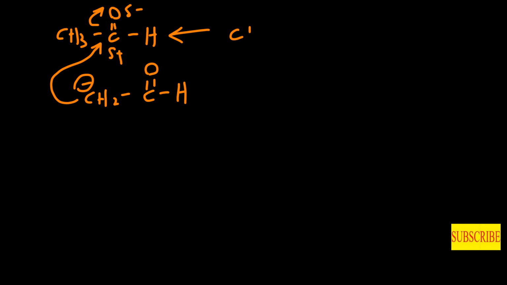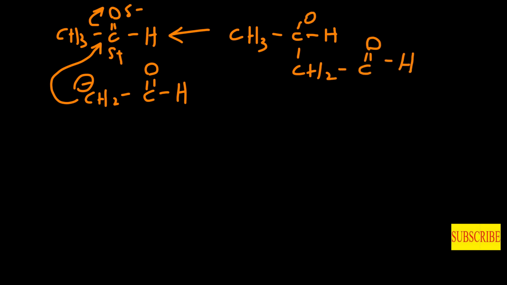Then the intermediate product should be just like this. Thereafter you have to remember, guys, you need to rotate this hydrogen by 90° into the back downward direction.